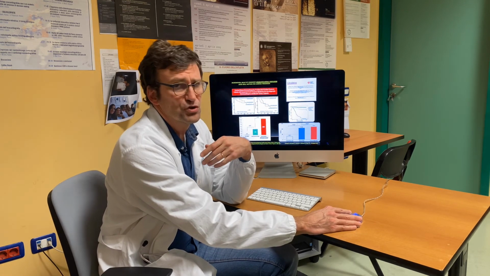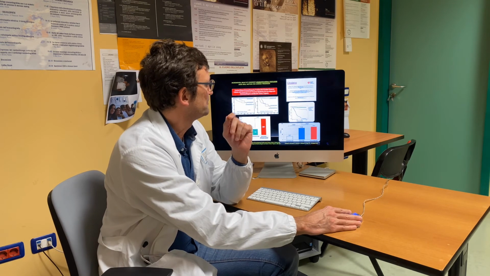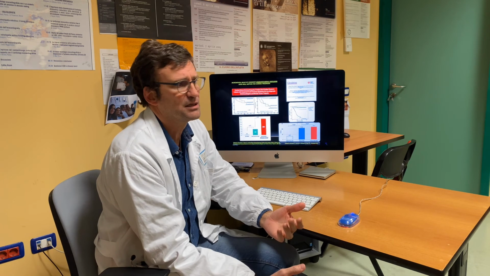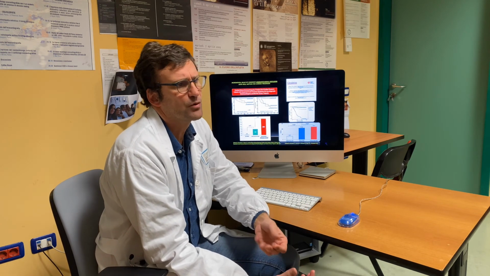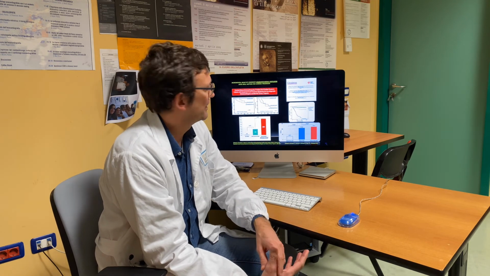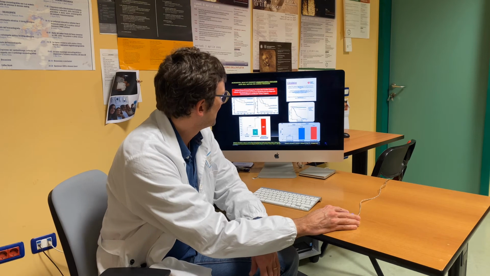Then perfusion defects, but normal wall motion, have a slightly worse outcome. And then when you have wall motion abnormalities, which require a very high plaque burden in your coronaries, you see that the events are much higher.